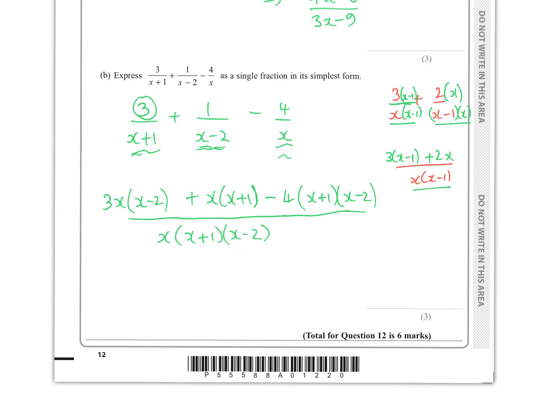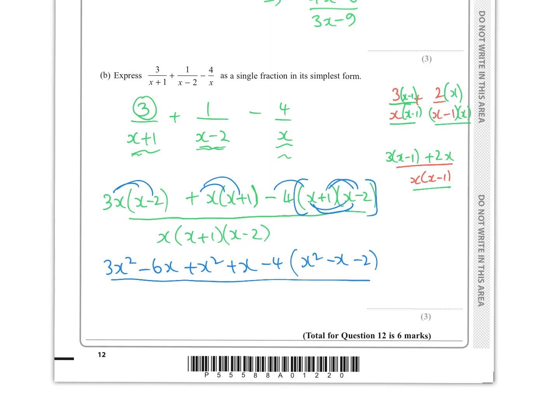Okay, so I can now sort out the top numbers. So I'm going to have 3x squared minus 6x plus x squared plus x, and then I think I'm going to bracket that off and have x squared minus 2x plus x minus 2 all over that denominator.